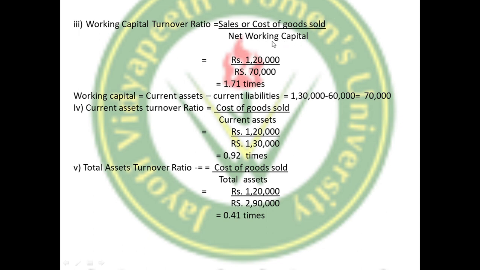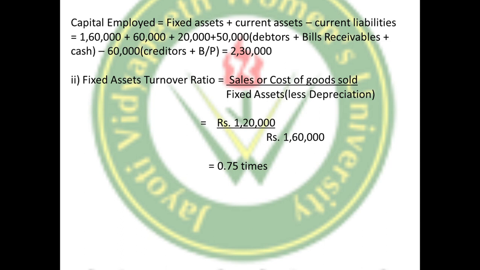Next we first have to calculate net working capital. Working capital we can calculate just by subtracting current liabilities from current assets. Current assets are 1,30,000 and current liabilities 60,000. These two we have already discussed in the first part when we were calculating capital employed.